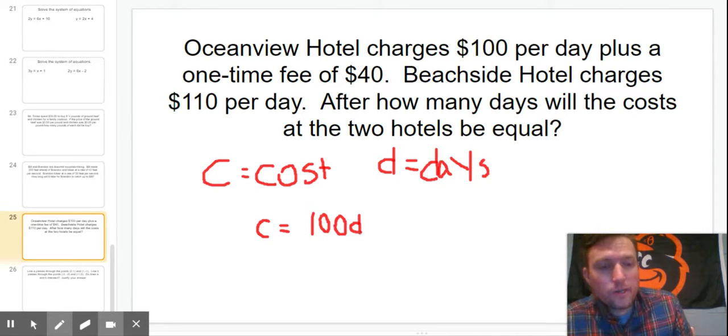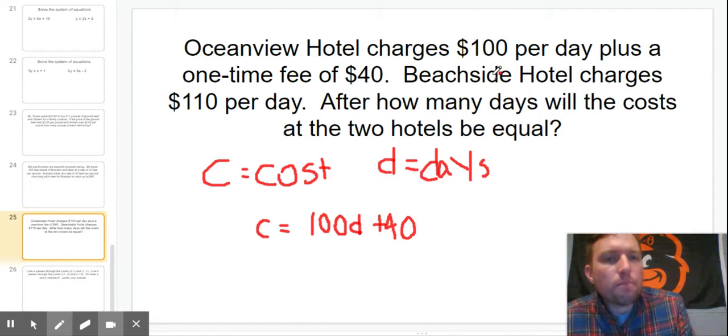One day would be $100. 2 days would be $200. 3 days would be, you got the picture. Now, the only thing that's funky about Ocean View is that they also charge a one-time fee of $40. Oh, this is looking like y equals mx plus b a little bit. Ooh, blast from the past.